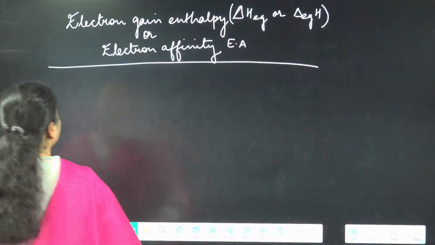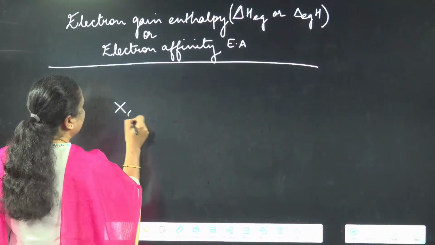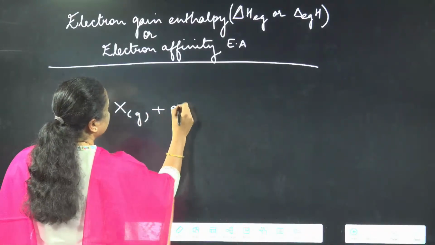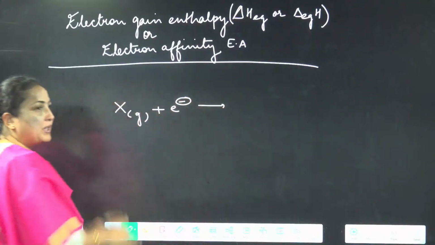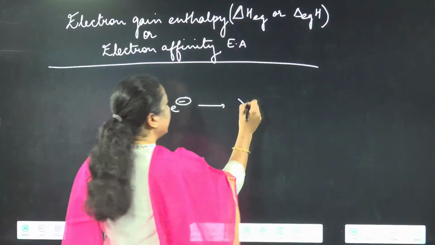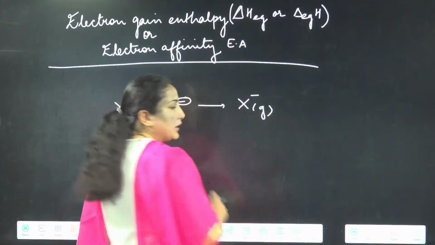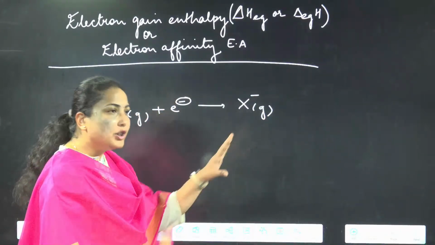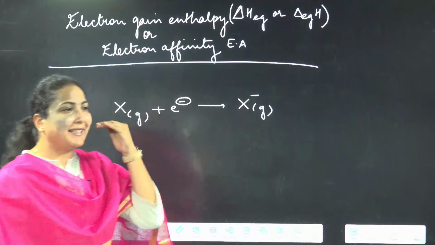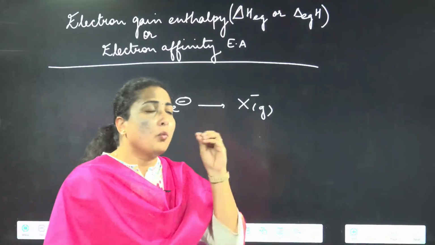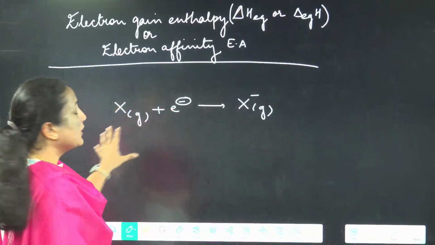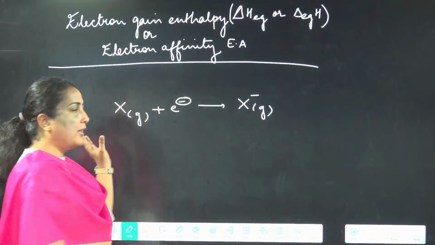Now if I take a neutral isolated gaseous atom and it accepts an electron, definitely it will get converted into X minus. Then whatever the energy changes associated, whether endothermic or exothermic, that is referred to as the electron gain enthalpy.